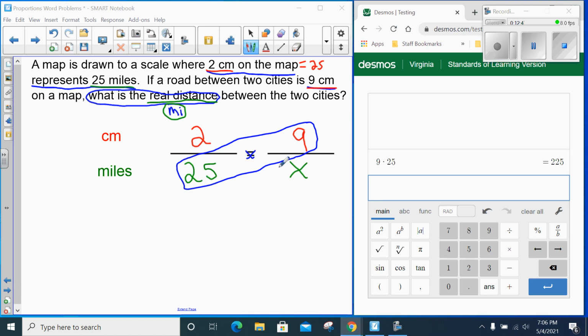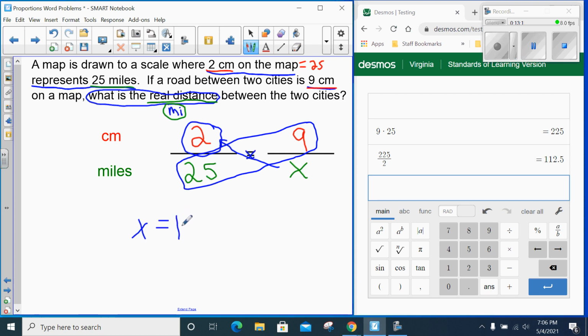And then I need to divide that by that last number that's diagonal or across from X. So I'm going to take 225 and I'm dividing that by 2. When I do that, I get 112.5. So we're saying X, our miles, the real distance between the two cities is 112.5 miles.